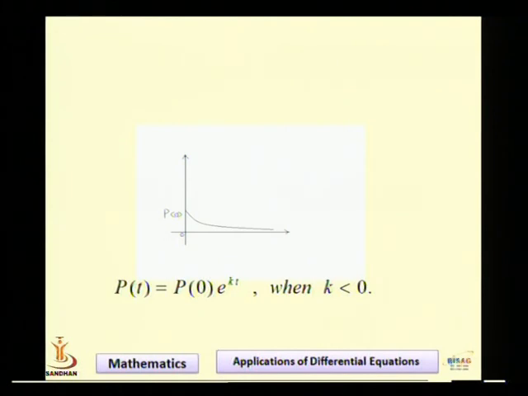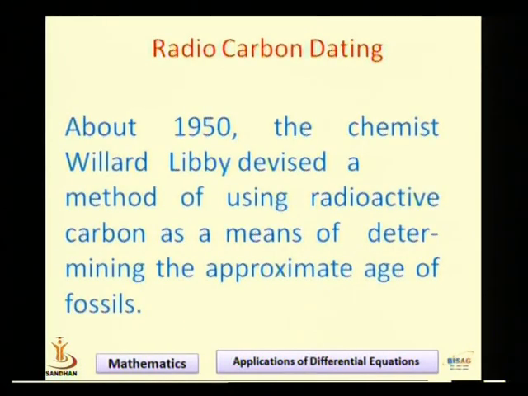So this is the first model, the population model, how you can convert it into a first order differential equation, and then you can solve it and find out the population at a later time by using that formula.